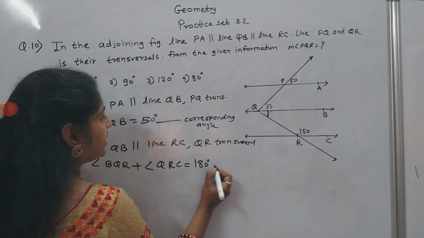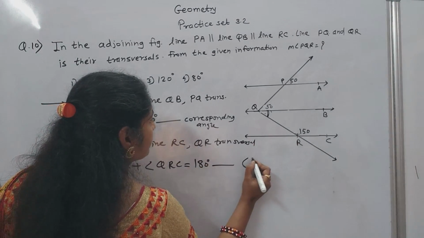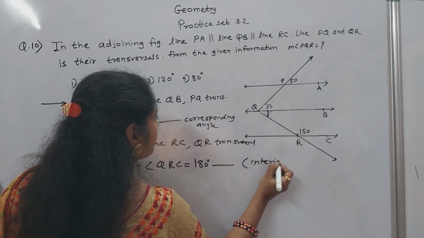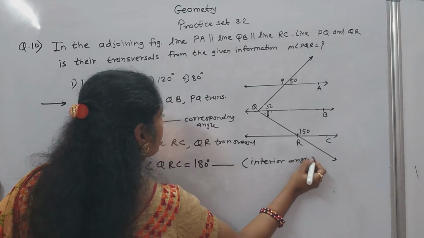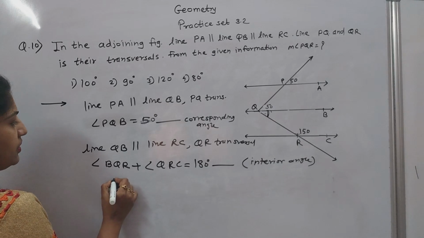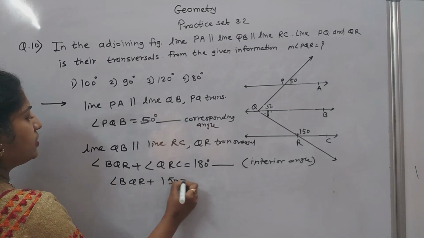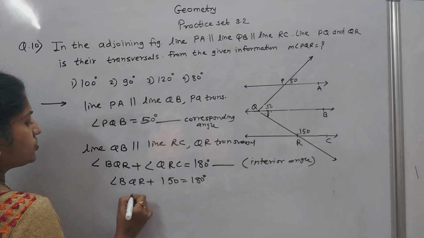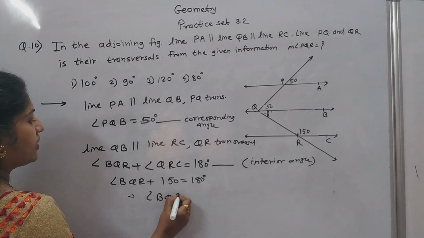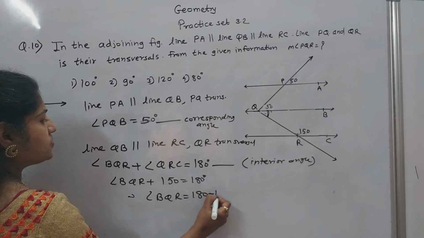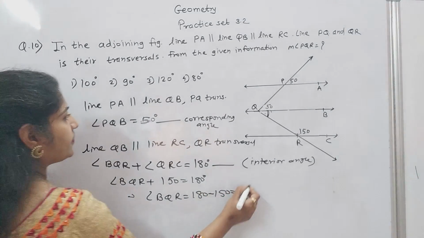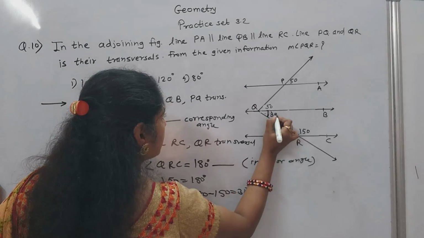The sum of interior angles is 180. BQR plus 150 equal to 180. So angle BQR is 180 minus 150, that is 30. This angle is now 30.